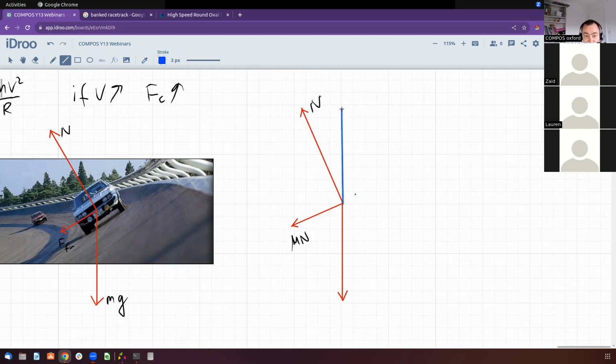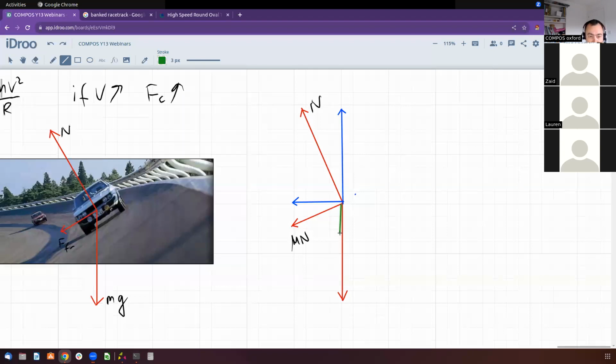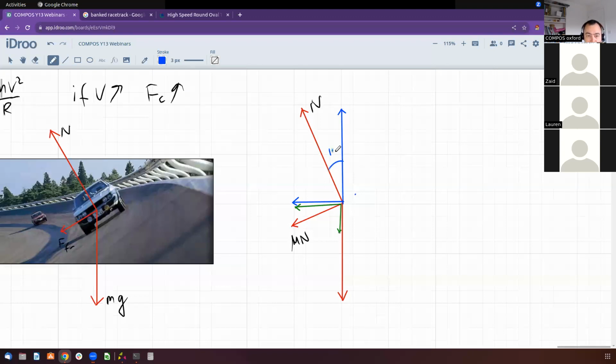So we have splitting this into components. And we're splitting this into components. Okay, let's make it a different color. Splitting this into components. So we're saying this is N. This is 10 degrees, of course.